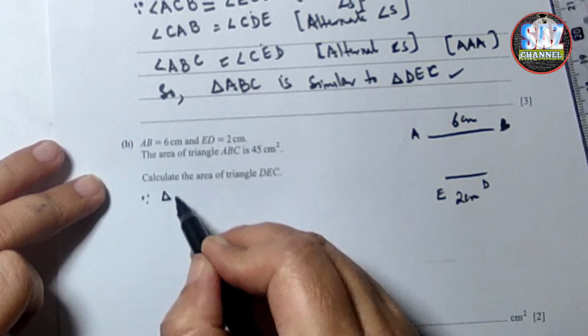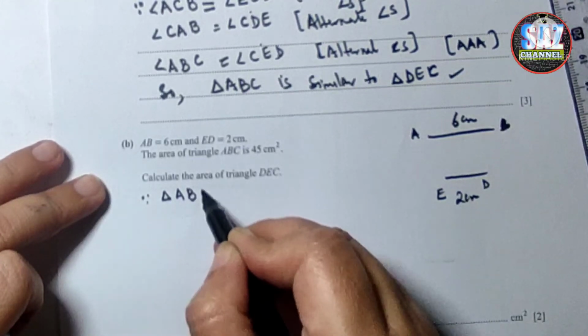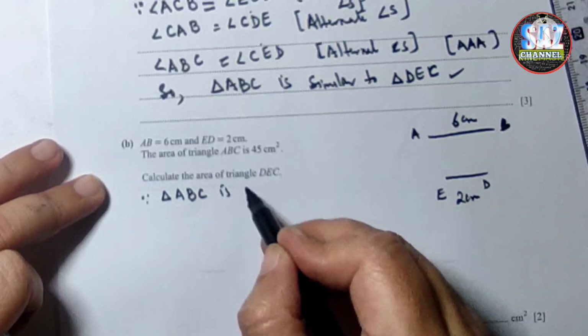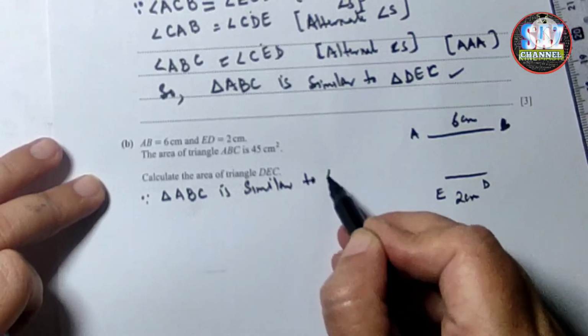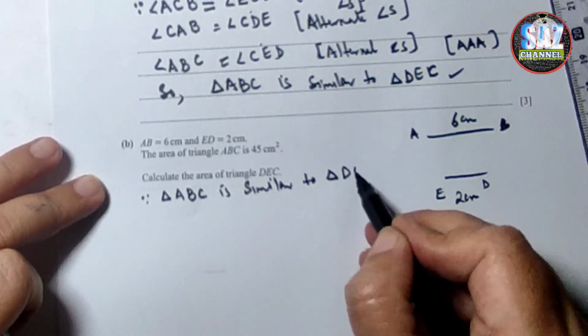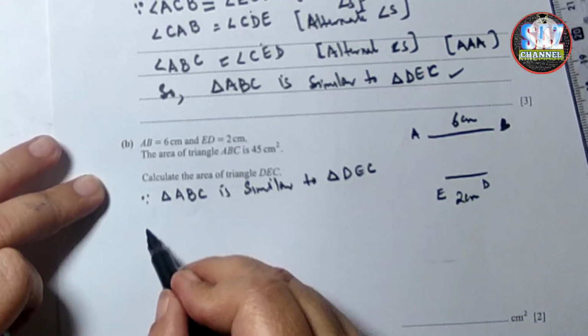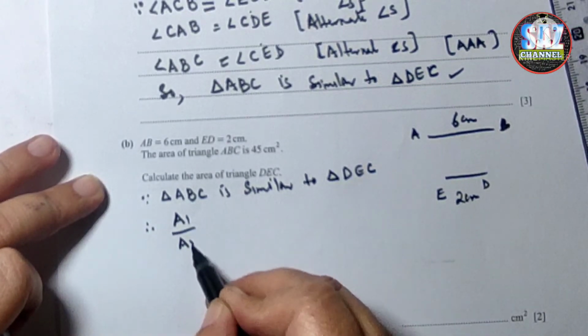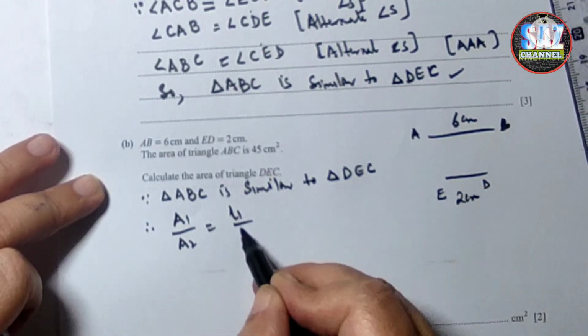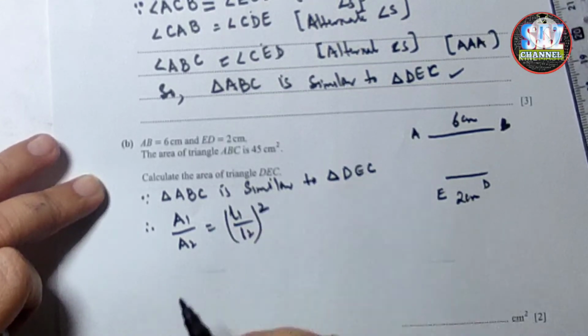Because triangle ABC is similar to triangle DEC, area 1 upon area 2 equals L1 upon L2 whole square.